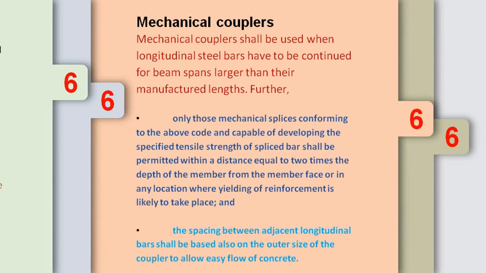Mechanical couplers shall be used when longitudinal steel bars have to be continued for beam spans larger than their manufactured lengths.